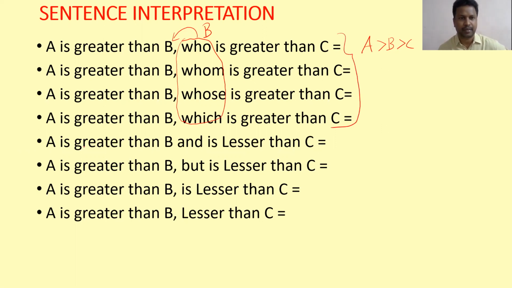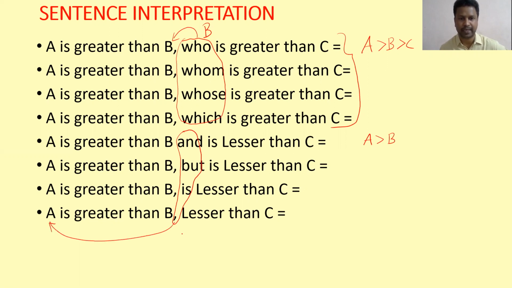Again, A is greater than B, fine, but less than C. Whether "but" represents A or B becomes the confusion. But "but" is like a comma, and it represents the first element.